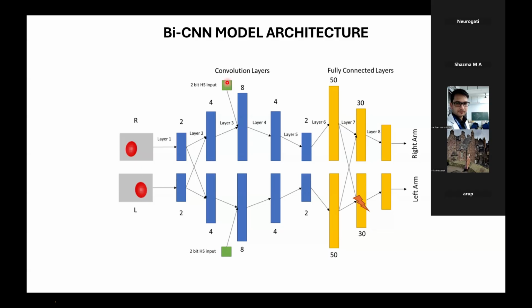So that's what the hand selection input tells you: hey, there is a target in the workspace, use your left hand or your right hand to move to it. Does that make sense? Yeah. Thank you.